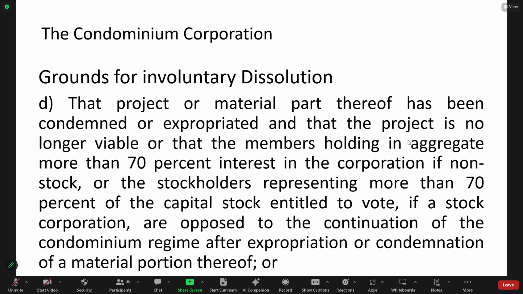Or kailangan ng government yung land for the public welfare siguro, gagamitin for skyway project. Depende. All right. Tapos more than 70%, ayaw na rin na ituloy yung condominium. Okay. So ground na rin siya for condo corp dissolution.